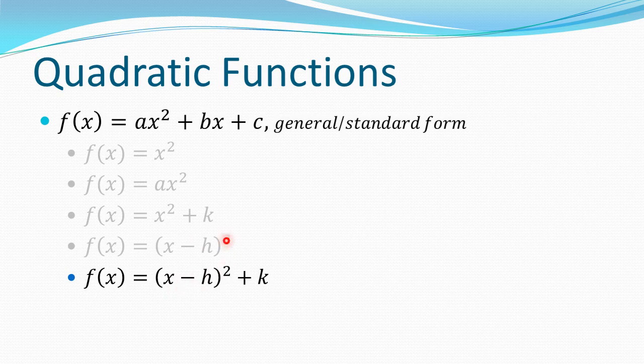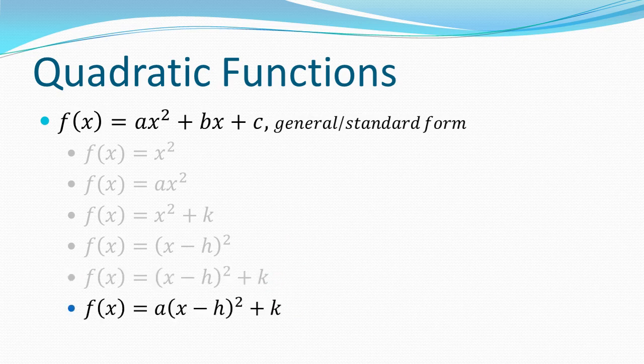And then we have this one, which is a combination of these two. This quadratic function is shifted to the left or to the right, and also maybe shifted higher or lower on the Cartesian plane.